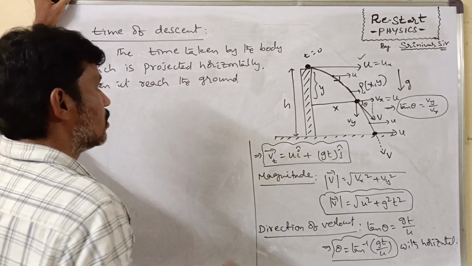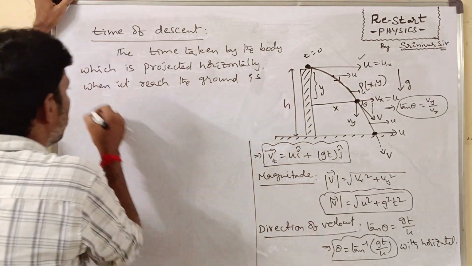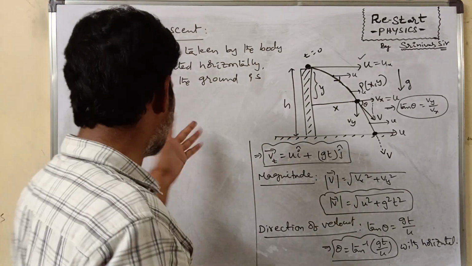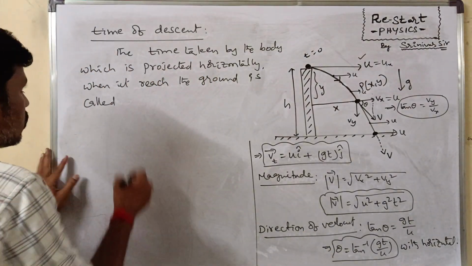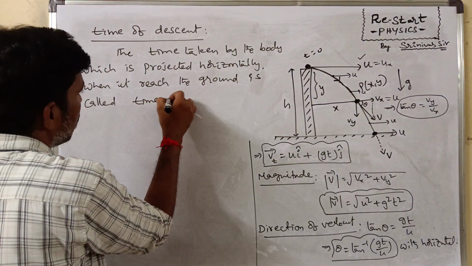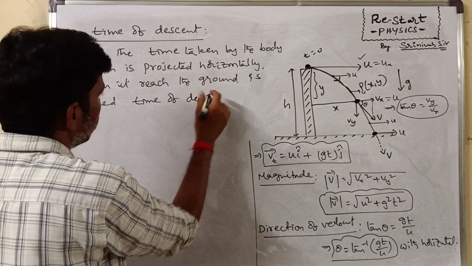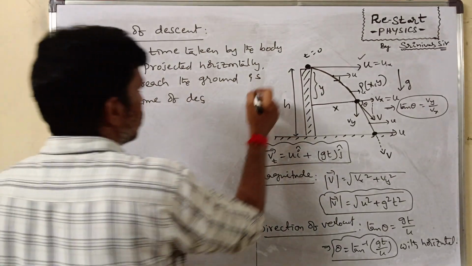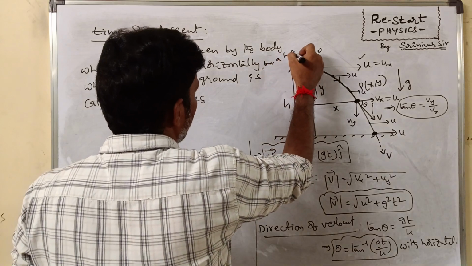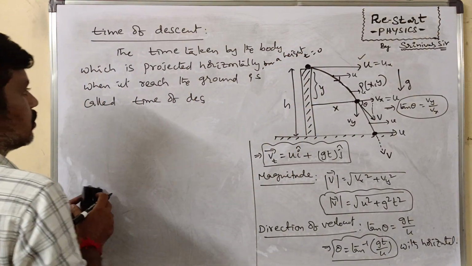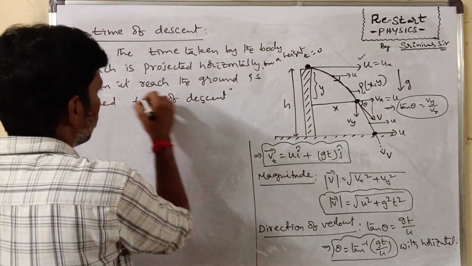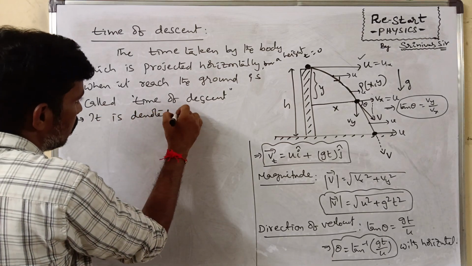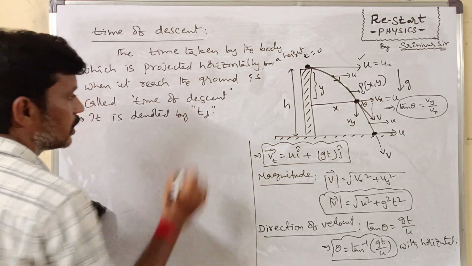The time taken by the body which is projected horizontally from a height, when it reaches the ground, is called time of descent. It is denoted by TD.